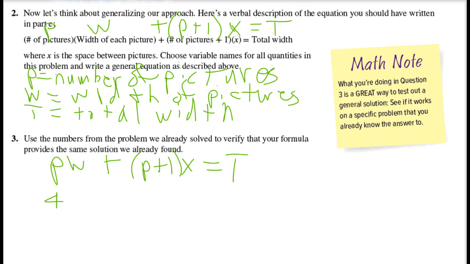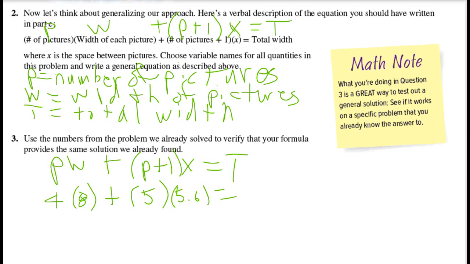So 4 times the width of the picture is 8 plus X was the space between the pictures. 5 times 5.6.